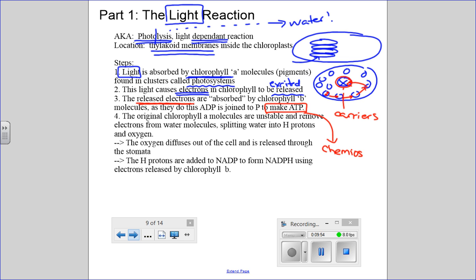Well, we already know the process of chemiosmosis, when hydrogen ions move through this structure and their movement causes ATP to be produced. So this movement of electrons helps push the process of chemiosmosis along.